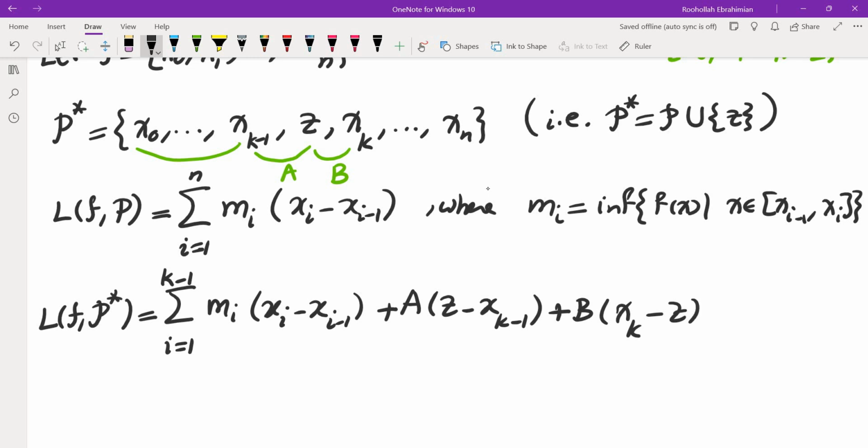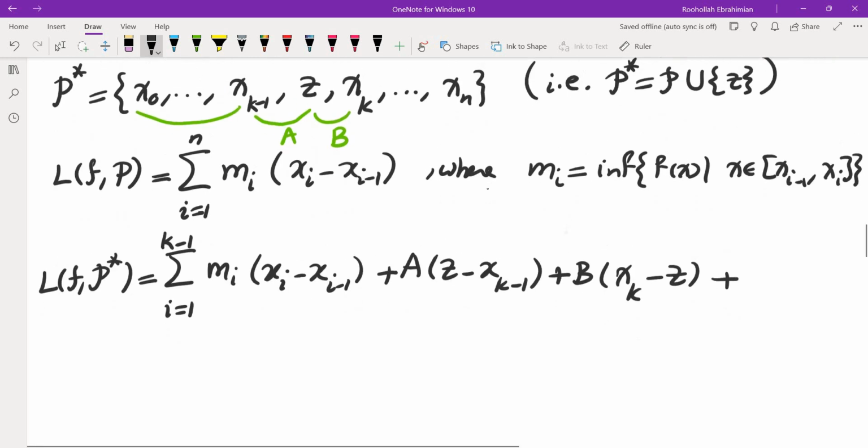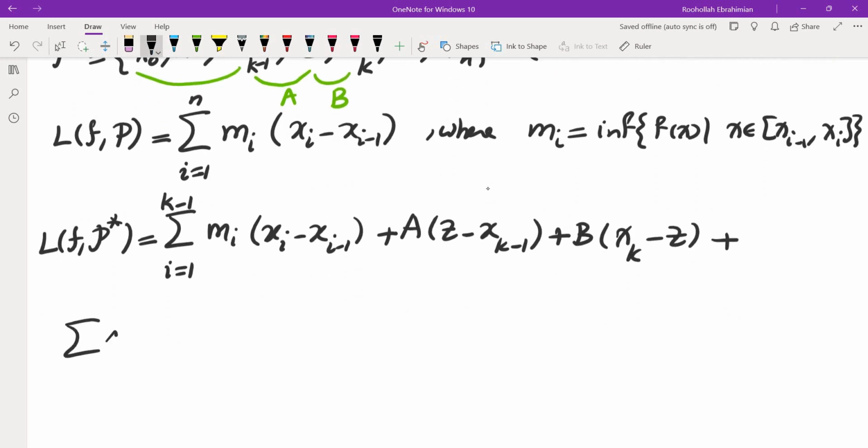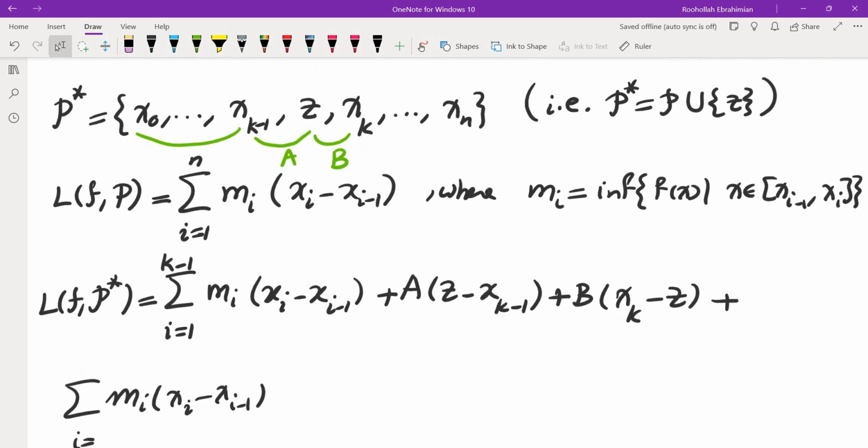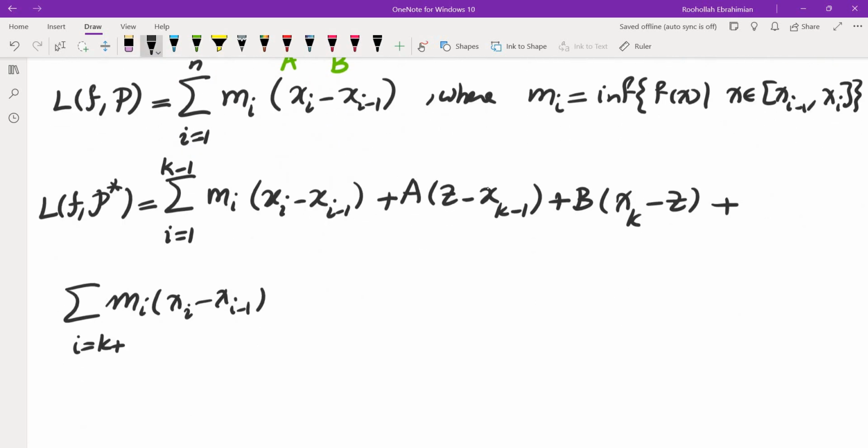xk minus z. And then I will have to take the rest of it: the sum of mi times xi minus xi minus 1, where i equals, so the first one would be k plus 1, the last one would be n.